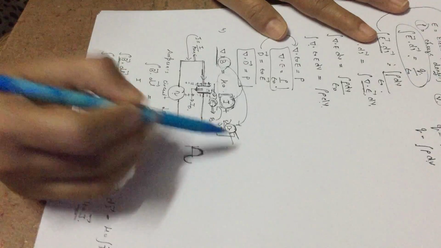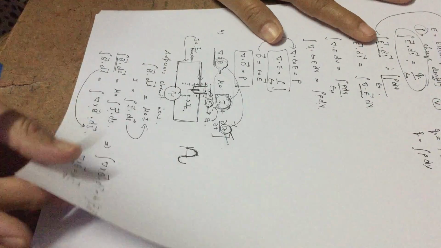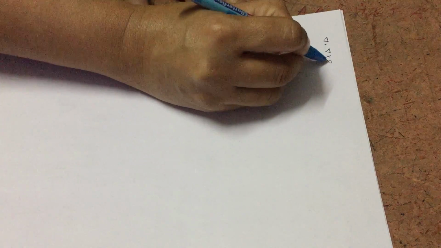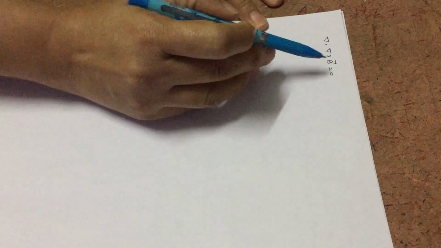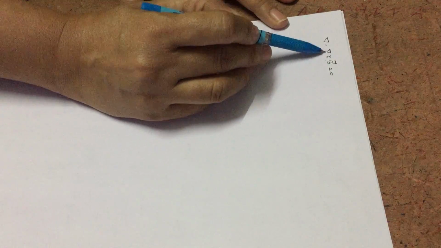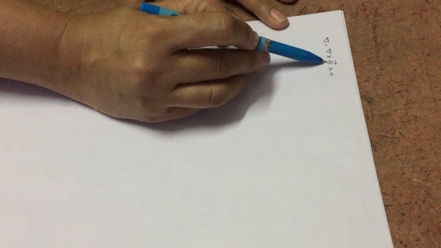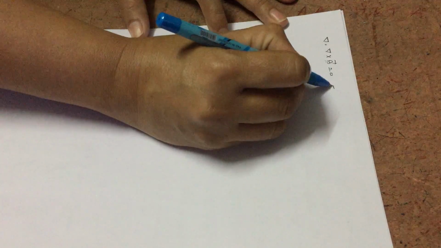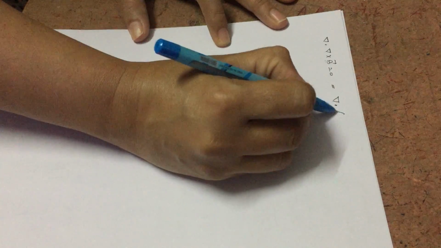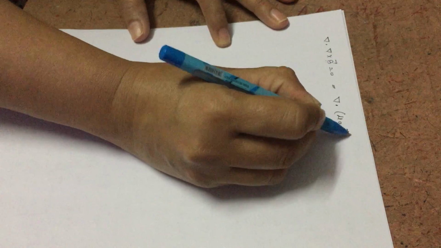Now, what about the second term? If we take the divergence of the curl of any vector, that term will always be equal to 0. Hence, the divergence of del cross B is equal to 0, which implies that del dot mu naught J should also be equal to 0.